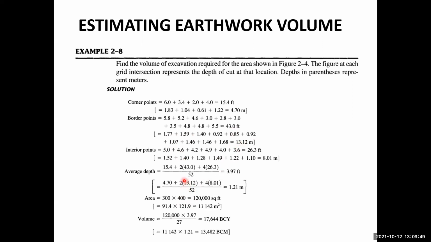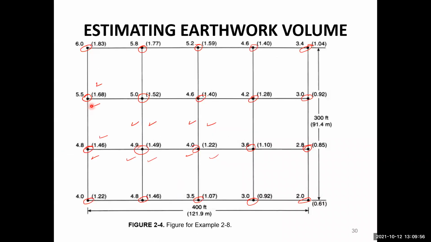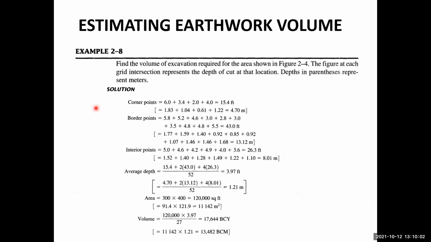The border points will be multiplied by 2, because each of these border points is shared by 2 areas. Similarly, we take the sum of the interior points, which is 8.01 meters, and multiply by 4, because each interior point is shared by 4 areas.